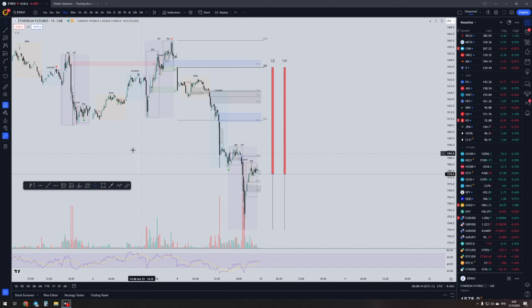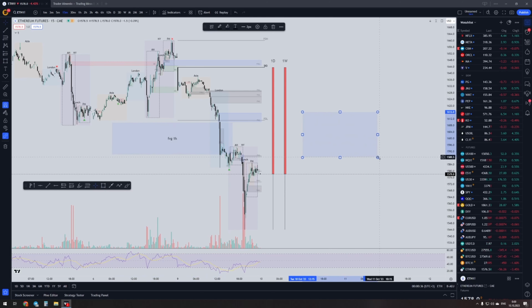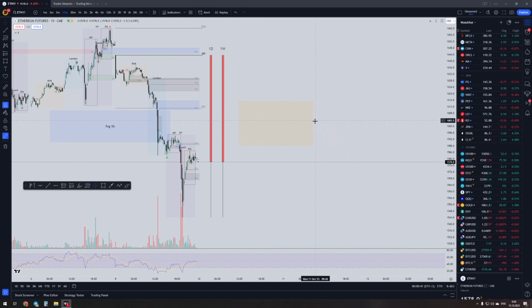For example, here it will be fair value gap, right? Fair value gap, 1 hour, right? And next time, let's say I change the price and the color, and I want the template, fair value gap. Okay, that's all. So I have my color, and it will speed up the process when you're doing technical analysis.